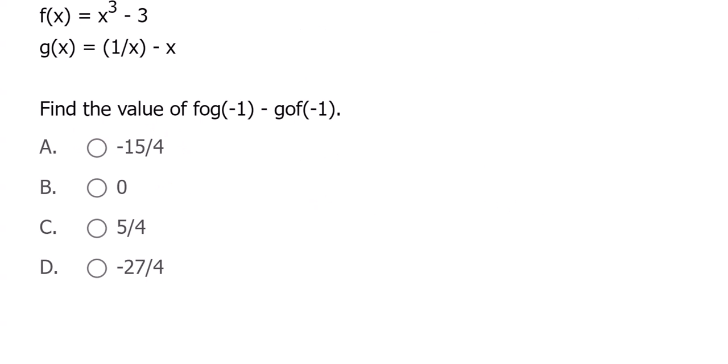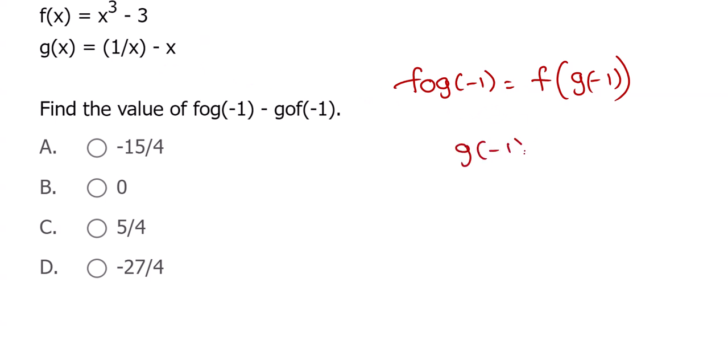This is what functions we are mentioning. f of x is given, g of x is given. So f of g of minus 1 means first we have to calculate g of minus 1, then put that in f of x. So g of minus 1 will be 1 upon x, 1 divided by minus 1 will be minus 1.